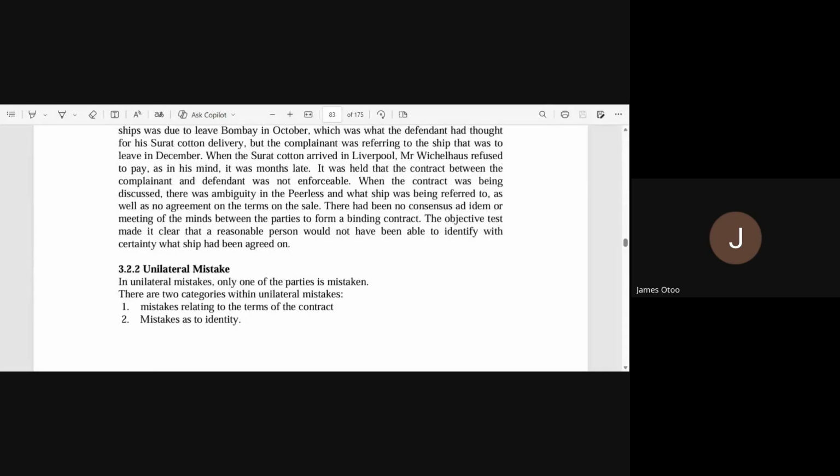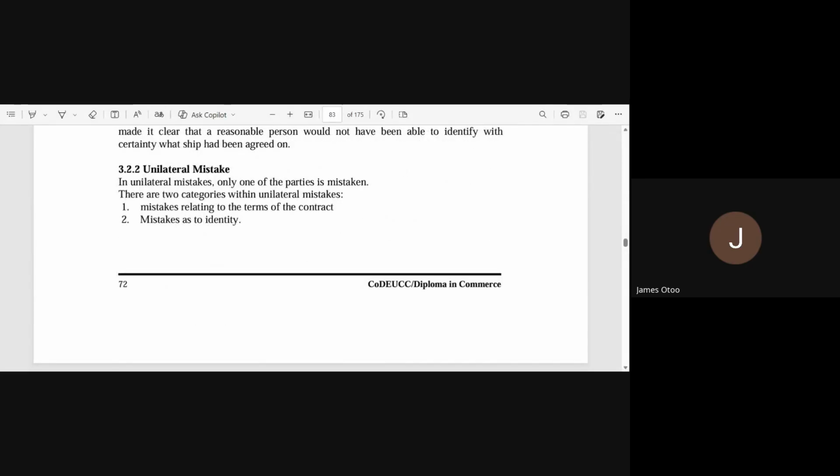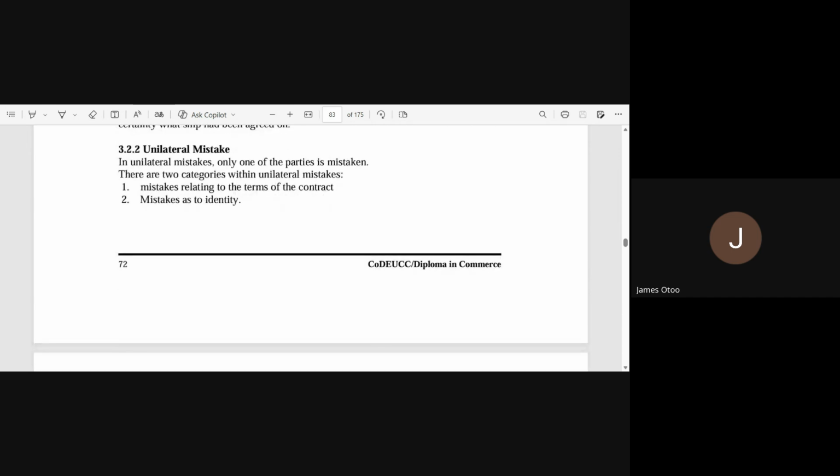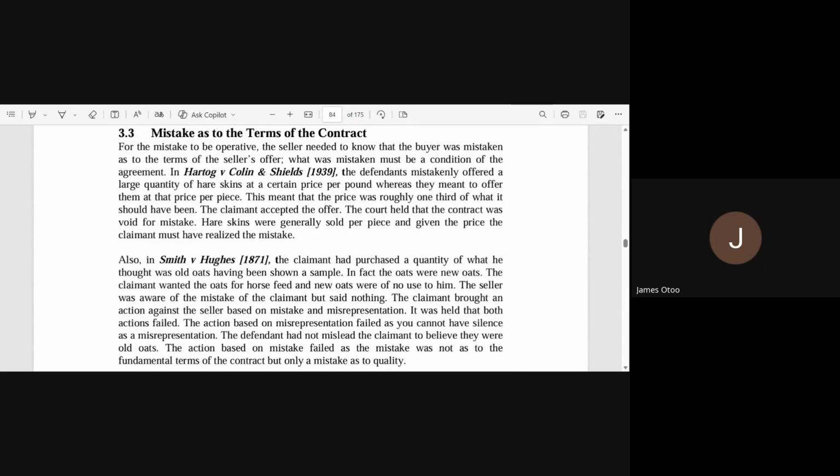So that is the import of this aspect. Now, unilateral mistake: one party is making the mistake, another party is aware of it. So for this to be operative, the seller needed to know the buyer was mistaken as to the terms of the offer. The other party is aware, but he says nothing. So that is a mistake as to the terms.